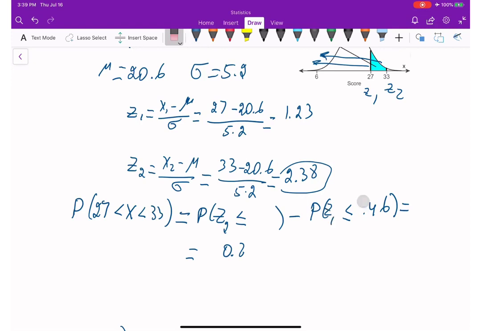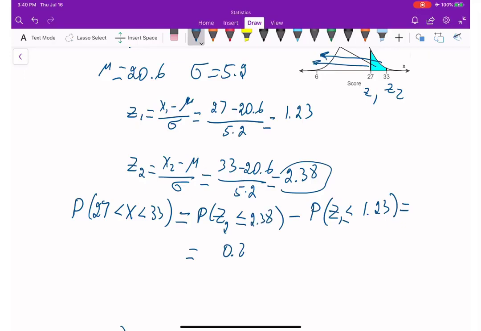Okay, so let me see. Z1 less than or equal 1.23. Z2 is less than or equal 2.38. Okay, now it feels much better.